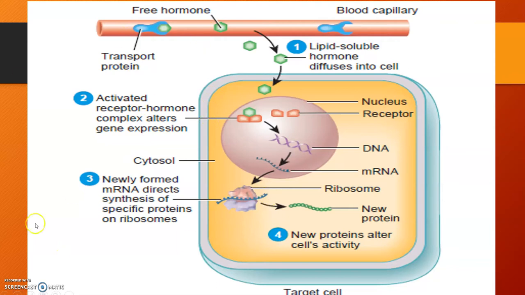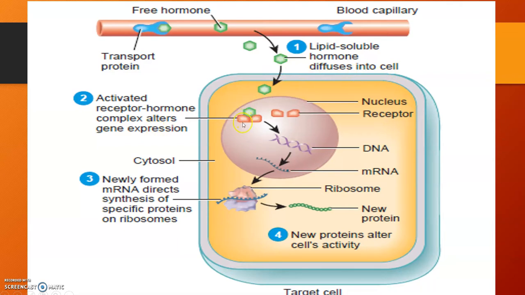Now, this is the mechanism by which the lipid-soluble hormones act. They bind to the transport protein. The minute they come across their target cell, the free hormone is released. It crosses the cell membrane barrier because the receptor is present inside the cell.